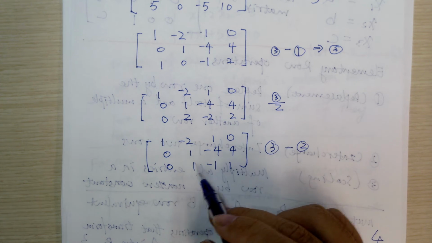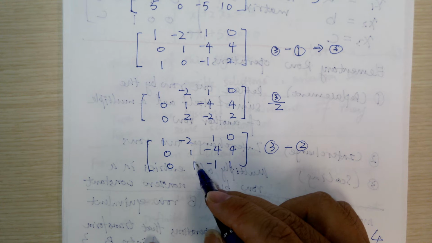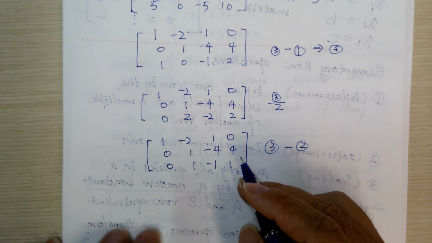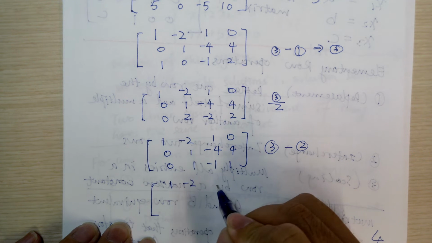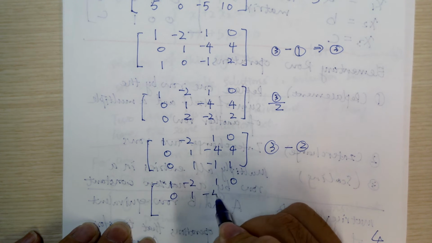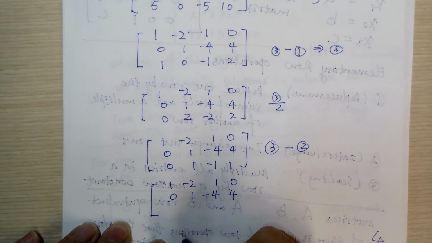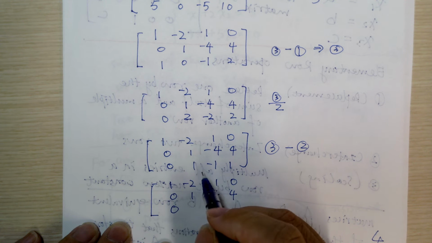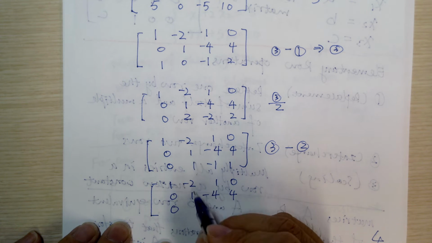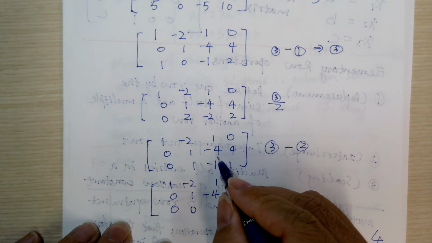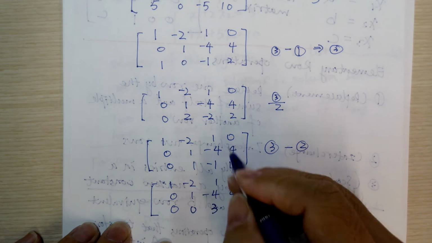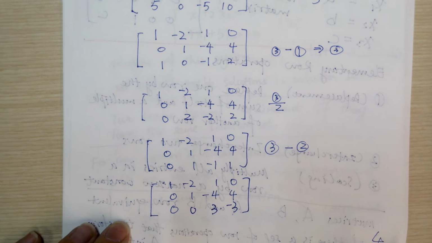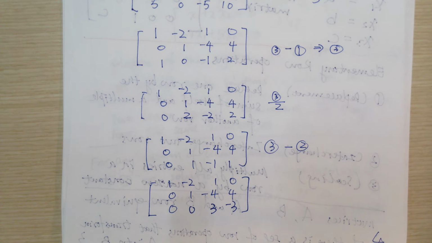So 1 minus 1, this part is gone. We keep 1, negative 2, 1, 0; 0, 1, negative 4, 4; and then 0, 0, and negative 1 minus negative 4 becomes plus 4, so we get 3, and 1 minus 4 gives negative 3. That's something we can have.